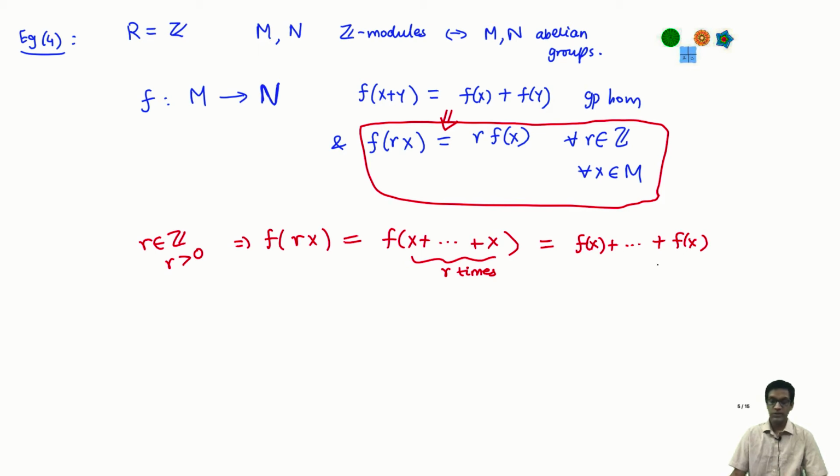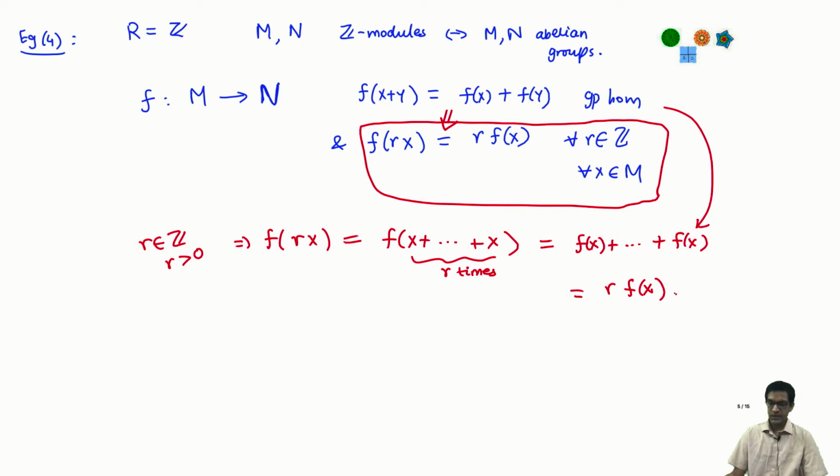This is just by using the first property alone, that it is a group homomorphism. But that's exactly the definition of how the element f of x is scalar multiplied by r. Of course I will just leave it for you to check that the same sort of thing holds if r is negative or 0.